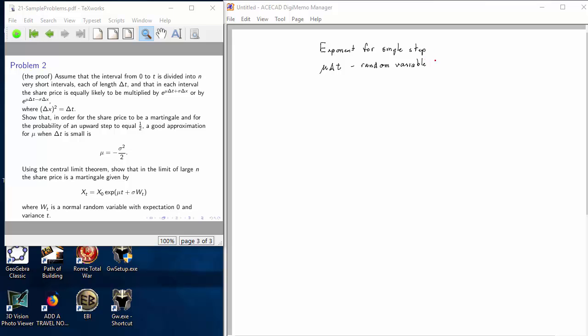It is plus sigma delta x with a probability of 1/2 and minus sigma delta x with a probability of 1/2.